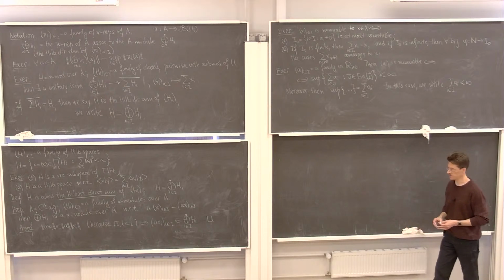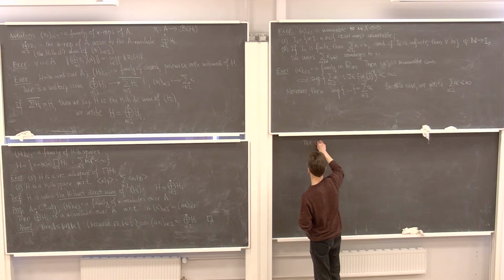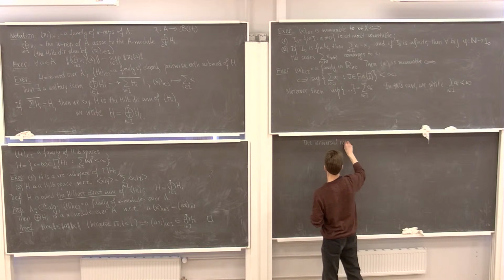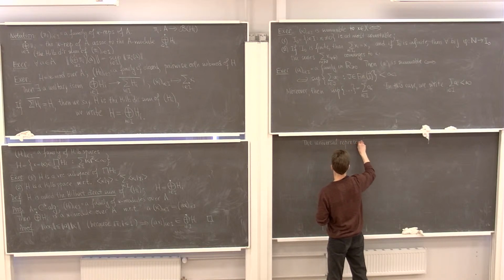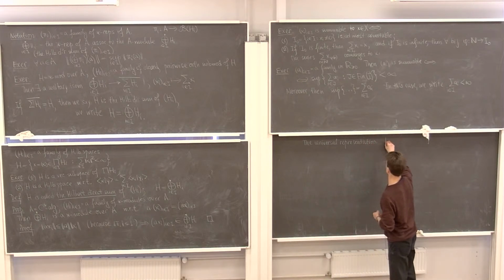Okay, so now we are ready to introduce the so-called universal representation of a C-star algebra, and to prove the second Gelfand-Naimark theorem.